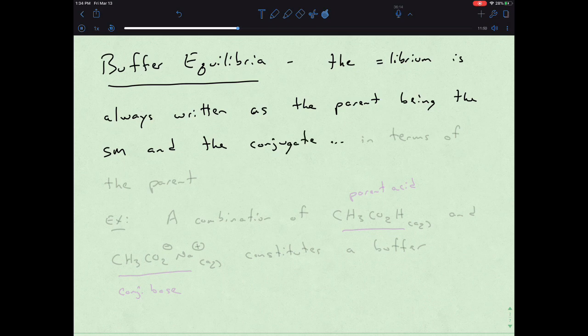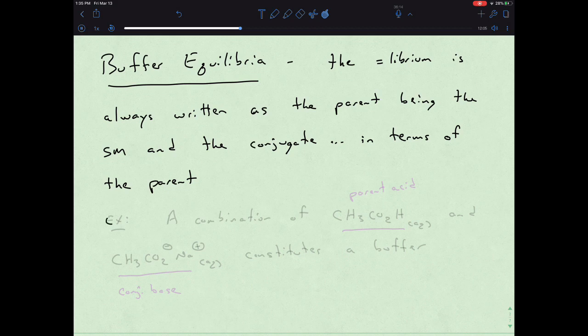So basically we can say that this is in terms of the parent. So we set up our equilibrium reaction just like we would set up a parent equilibrium reaction.